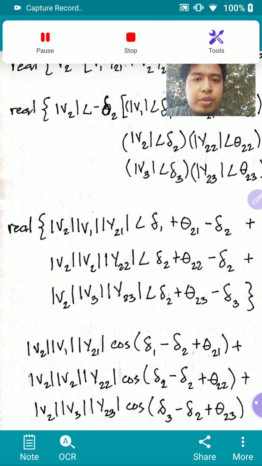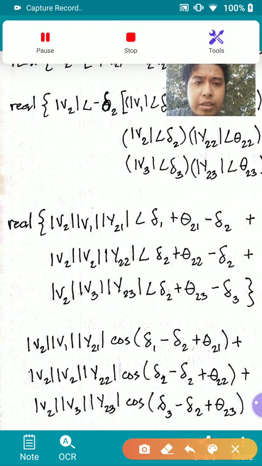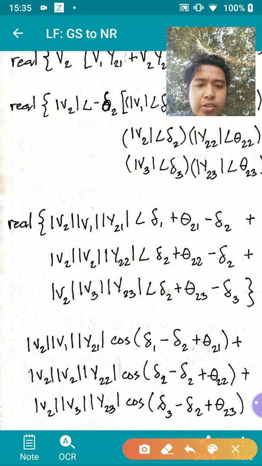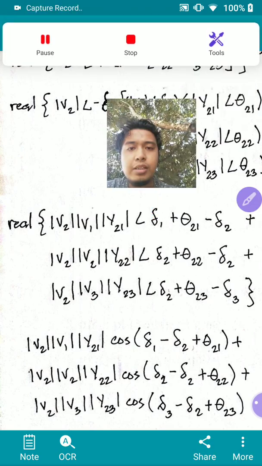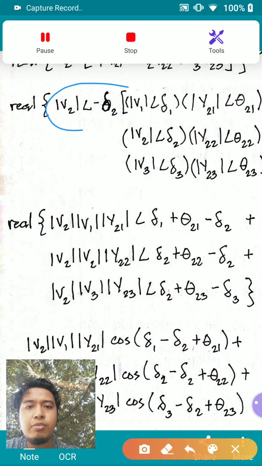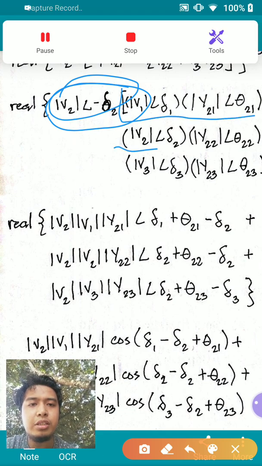If you combine all of the magnitudes and the angles, you just distribute this V2 angle negative delta 2 into each term here.